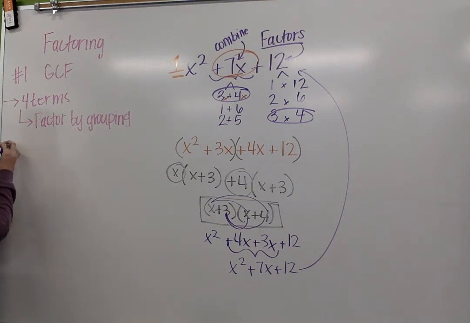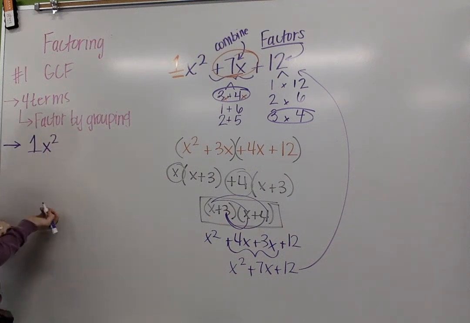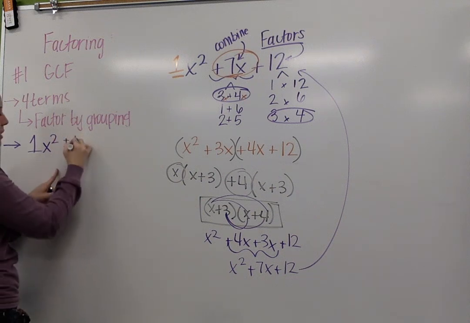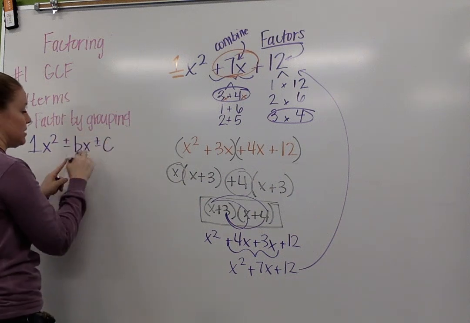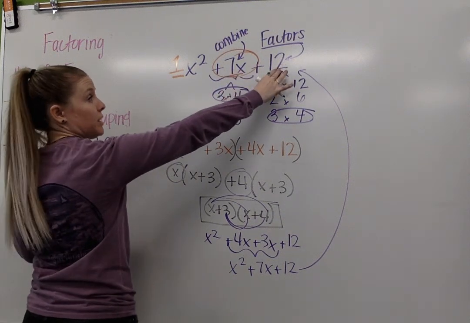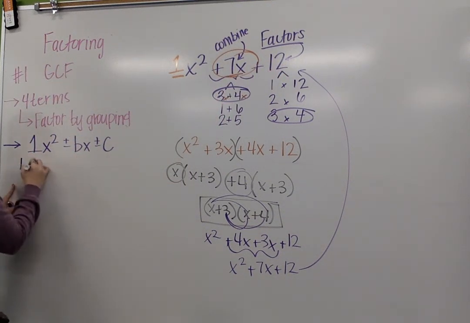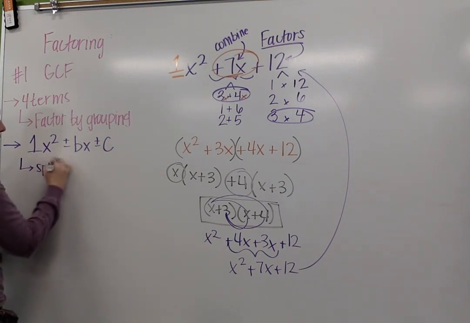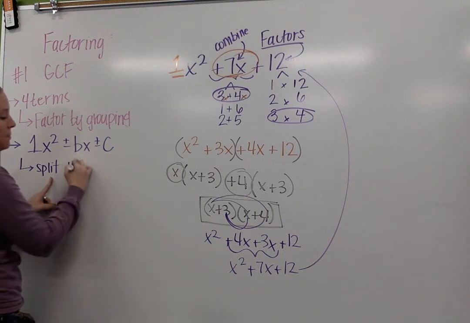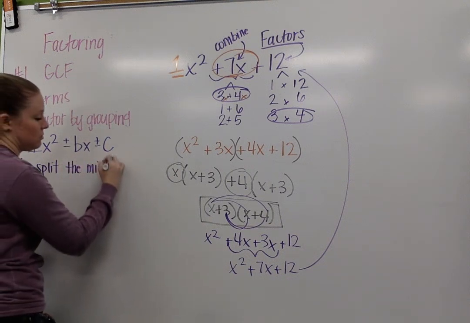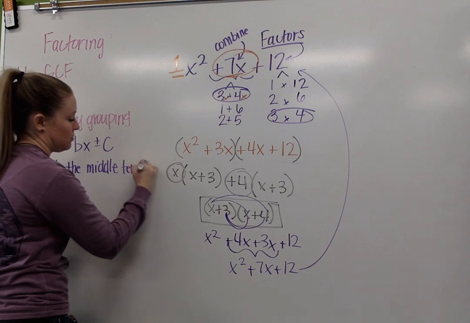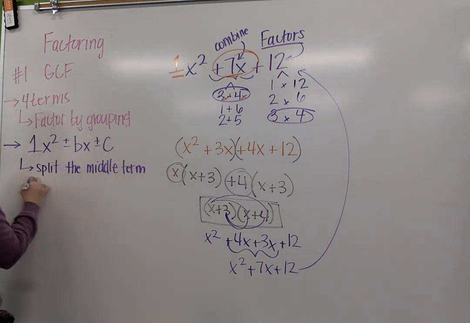So when we have a 1x squared, plus or minus bx plus or minus c, what we're doing is creating the 4th term. To start our factoring here, we split the middle term, so then we can go ahead and factor by grouping.